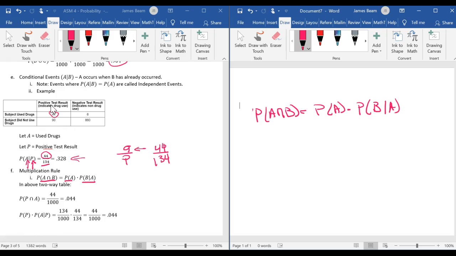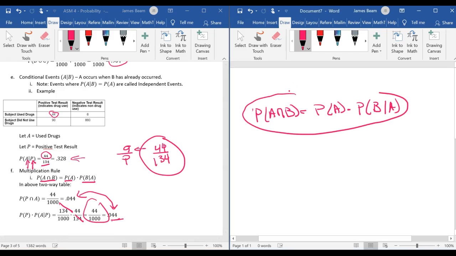The probability of just being a positive tester is 134 out of 1,000. And the probability of the conditional, which is what we just found here, is 44 out of 134. Now, what's nice here is that the 134 and that 134 cancel, which gives me that same value. So this thing holds, and this is the useful one.